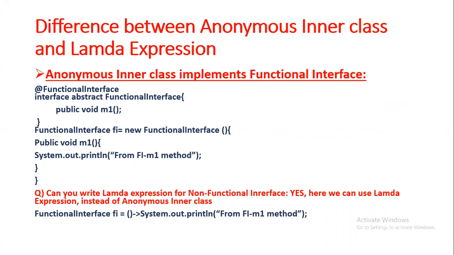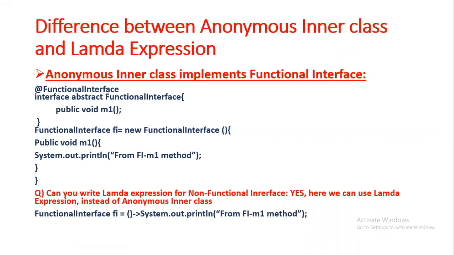Four points about lambda expressions and anonymous inner classes. Anonymous can extend a concrete class, but a lambda expression cannot. Anonymous can extend an abstract class, but a lambda expression cannot. Anonymous can implement a non-functional interface, but a lambda expression cannot.